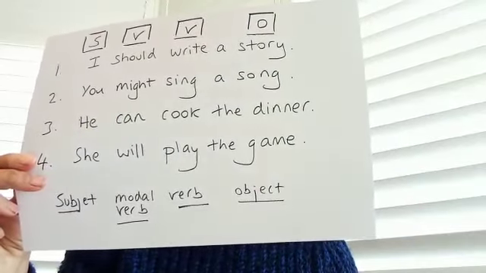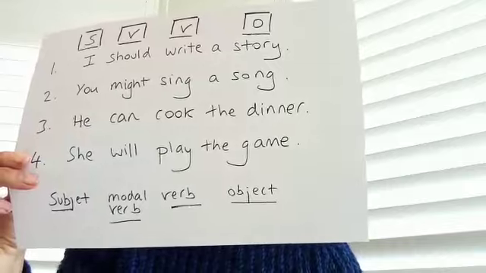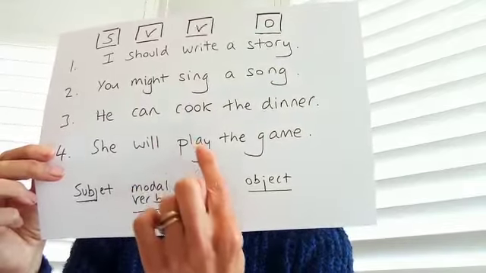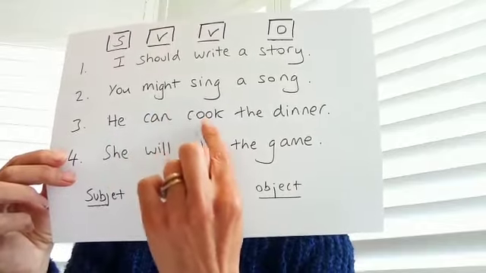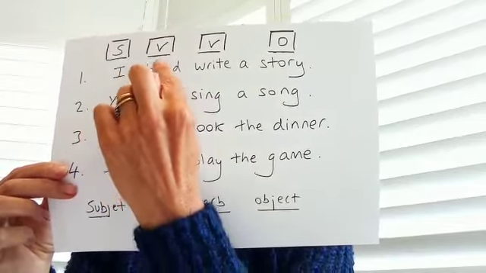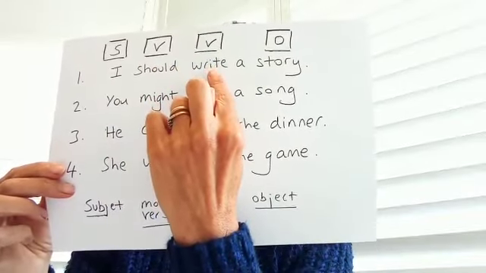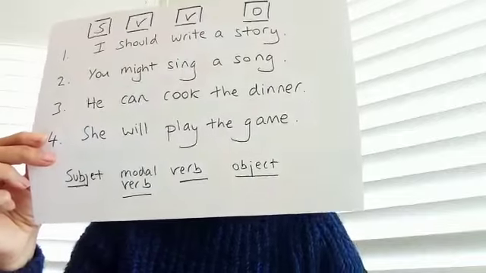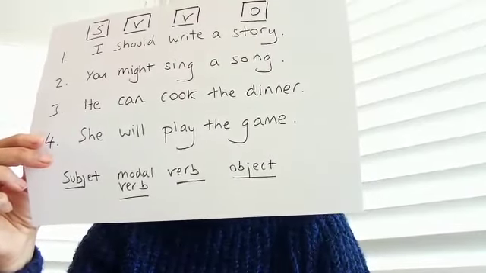You have two verbs together. You can see that your modal verb always stands before your main or regular verb. So a modal verb works with or helps a main verb. Sometimes they're called auxiliary verbs.